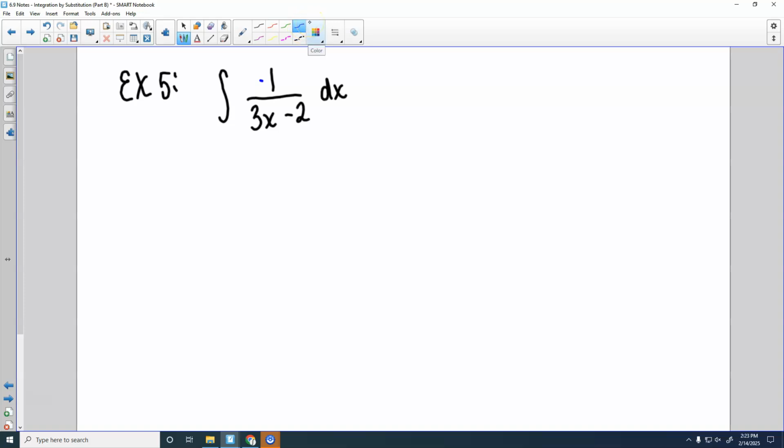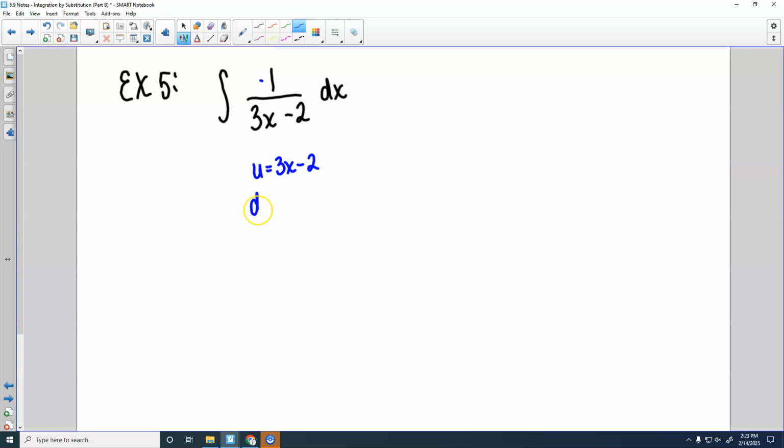I feel like whatever mathematician discovered this had to be kind of confused that it was even showing up there. But if you see a fraction problem like this and it's asking you to integrate, it's not always, but it is a lot of times, the denominator that needs to be your u. So I'm going to let u equal 3x minus 2.